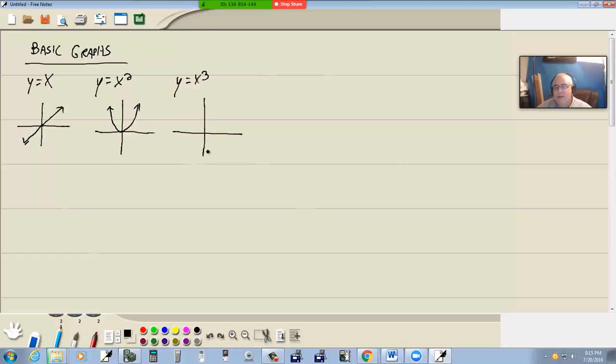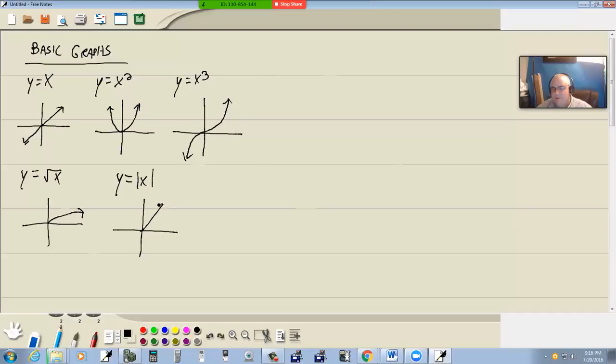We got y is equal to x to the third, which looks like this. We got y is equal to square root of x, which looks like this. We have y is equal to the absolute value of x, which is our V-shaped graph.